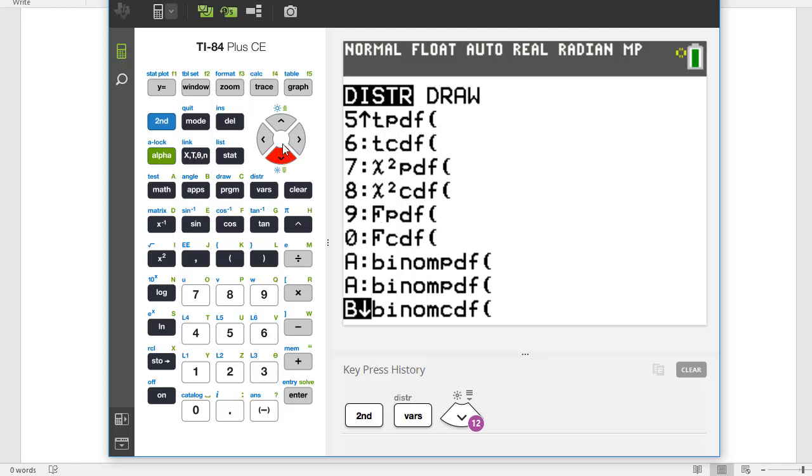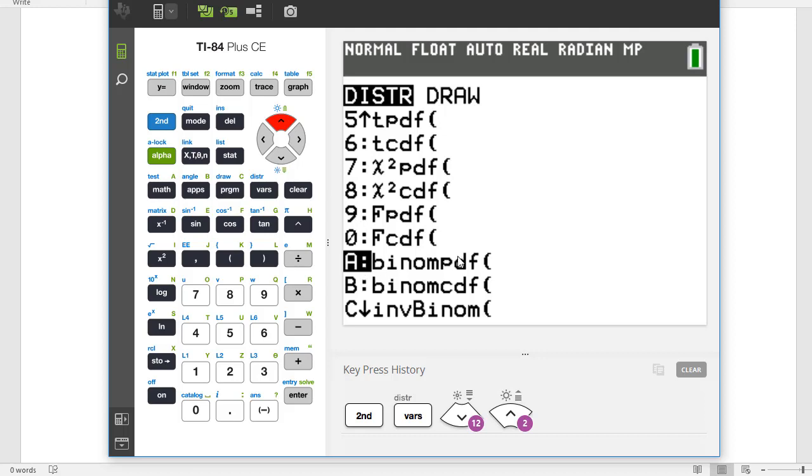Now there are 2 binomial distributions. One is called the PDF, the binomial probability distribution function, and the other one is the binomial cumulative distribution function. Cumulative we'll talk about in just a moment, but in this case we're doing just the PDF. We're finding the probability of exactly 2 successes.